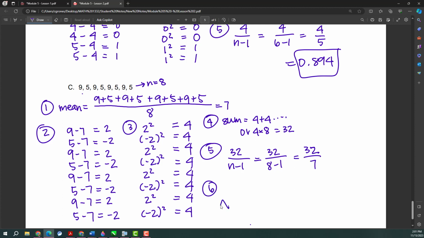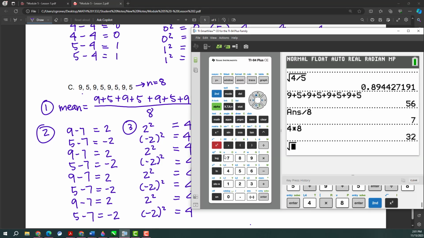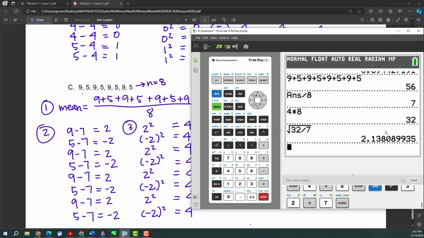And then step 6, we take the square root of that, second square root of 32 over 7, which gives us 2.138. If you do 2 decimal places, it'll be 2.14.